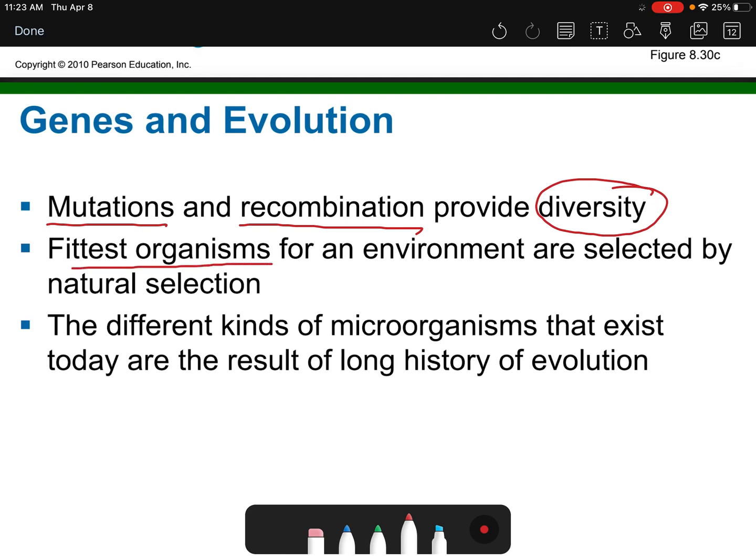Remember, organisms that are best fit for their environment are able to survive. They have adaptations that allow them to survive and reproduce and pass on that trait to their offspring. Those that have the best fitness will survive, reproduce, and pass that on to the next generation. And that's what's needed for natural selection to occur.